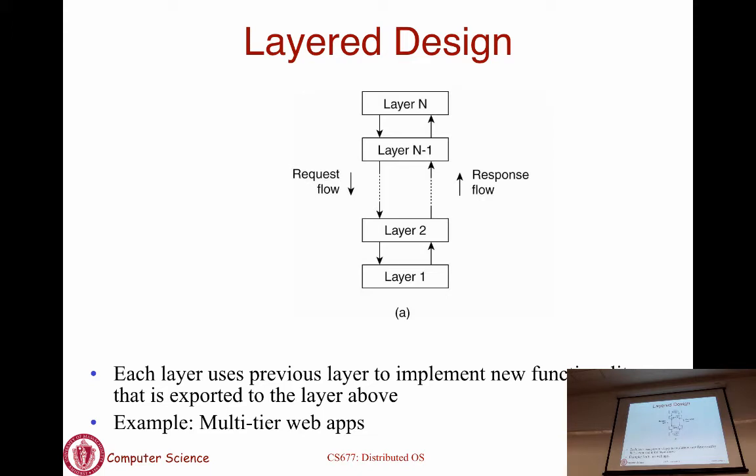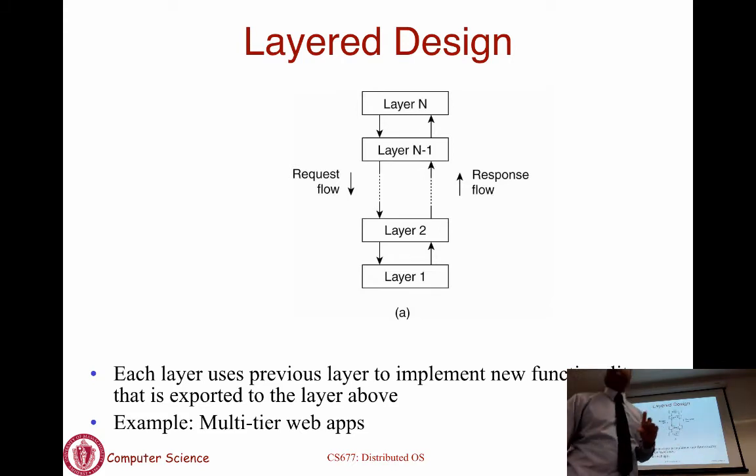One restriction here is if layer I needs to talk to, let's say, layer I plus 2, it cannot do so directly, because each layer is restricted to only communicating with the layer above and below it. So if it has to communicate with other layers, it has to happen indirectly through intermediate layers until you get to the one you need to talk to. So that's layered design.